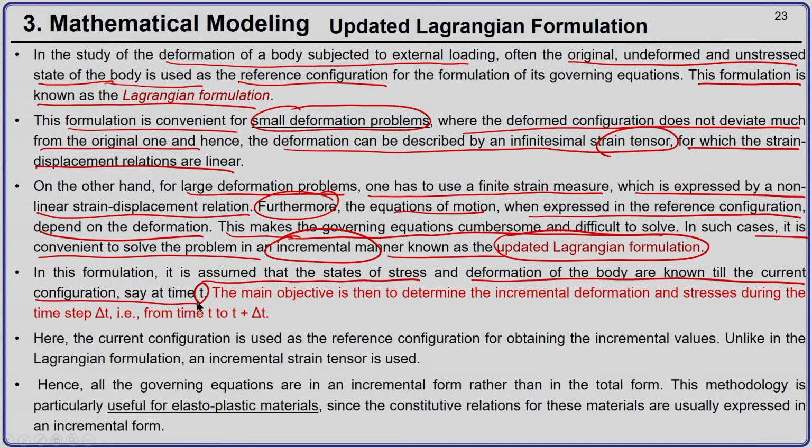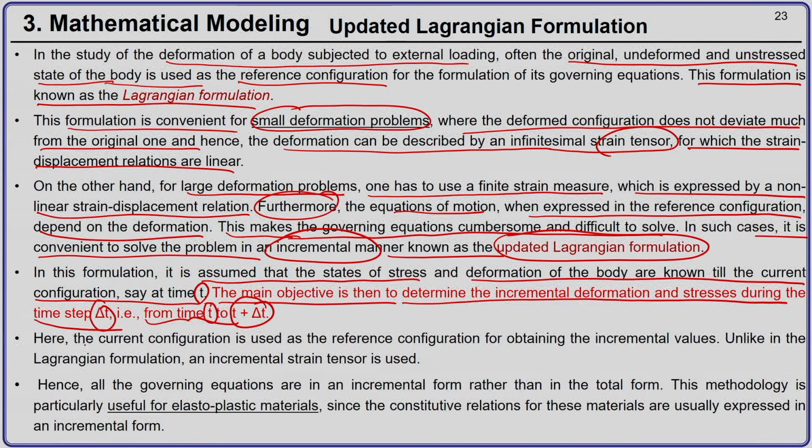So, we know everything about the body till time t, and the main objective is then to determine the incremental deformation and stresses during this time step delta t. That is, we want to find out what will be the configuration of the body at time t plus delta t given the configuration at time t.